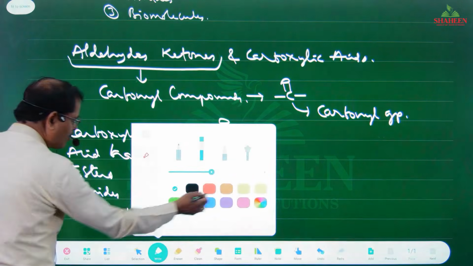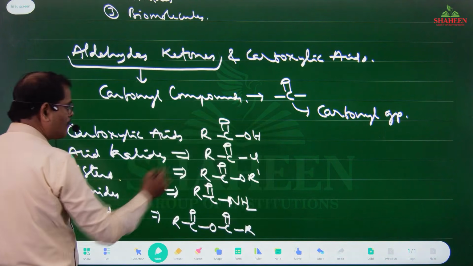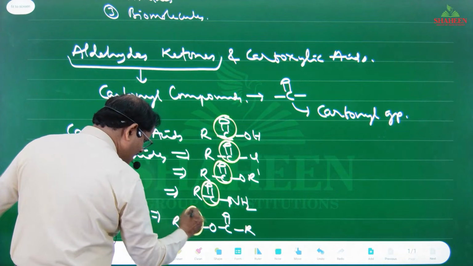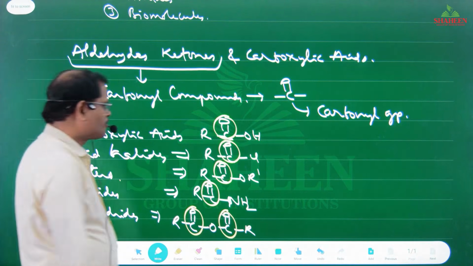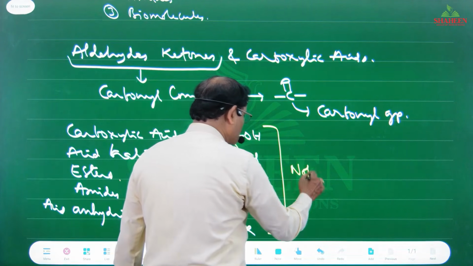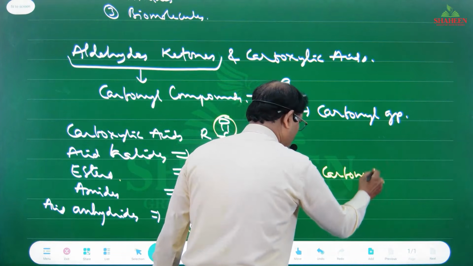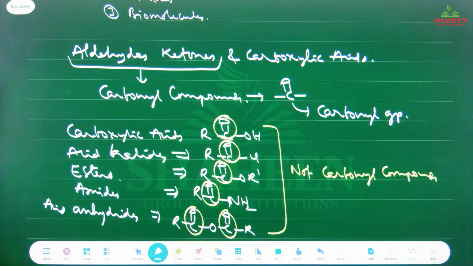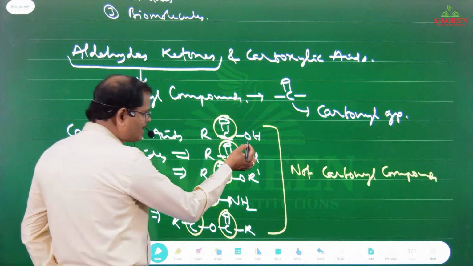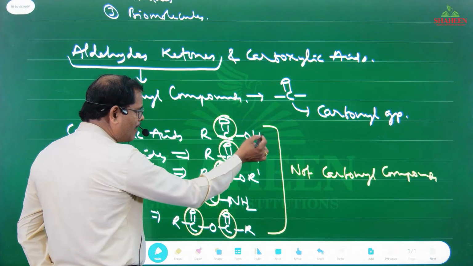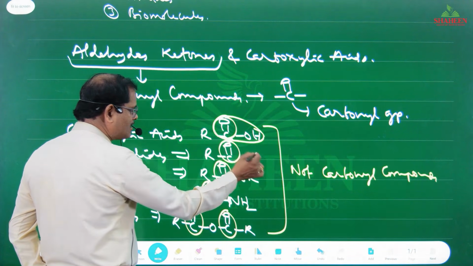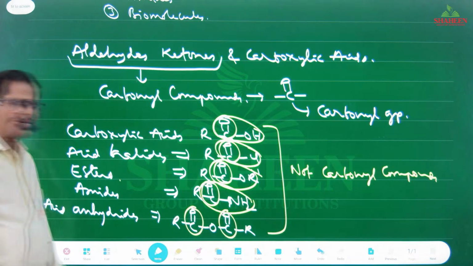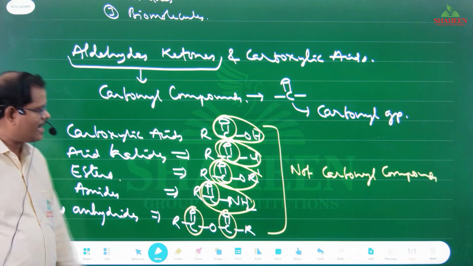All these compounds have a carbonyl group, but these are not treated as carbonyl compounds. Why? Because whatever group is attached to the carbonyl group, the total is considered a functional group.